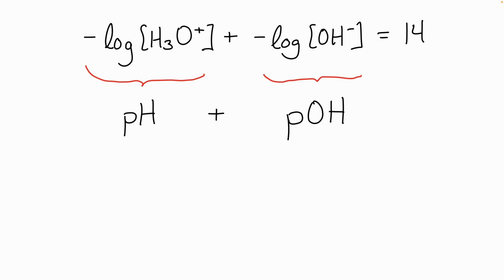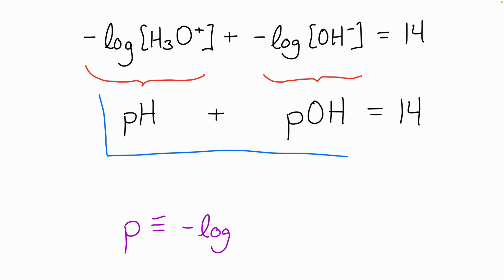Okay, in fact, you'll see this little p quite often in chemistry. That little p means the negative log of something. So anyways, this auto-ionization relationship, if we put it on a log scale, we get that the pH plus the pOH is equal to that number 14.